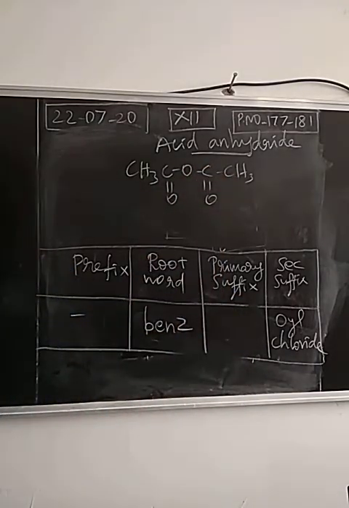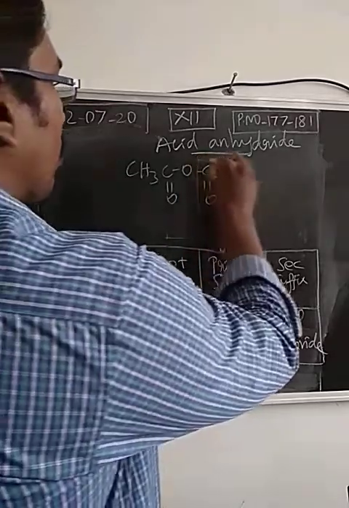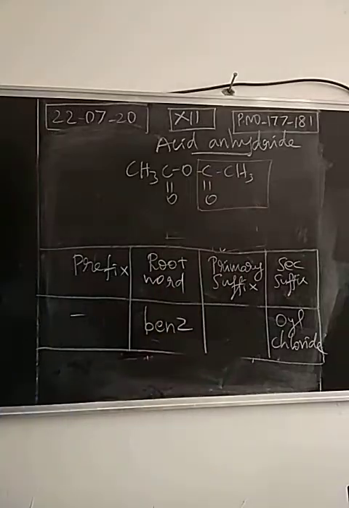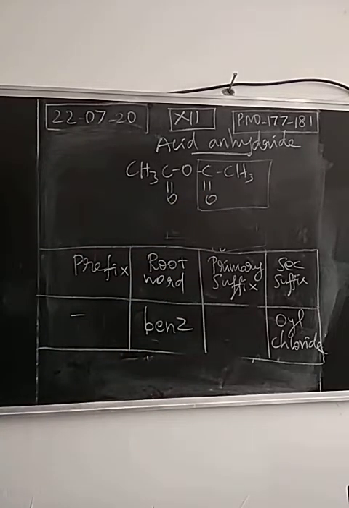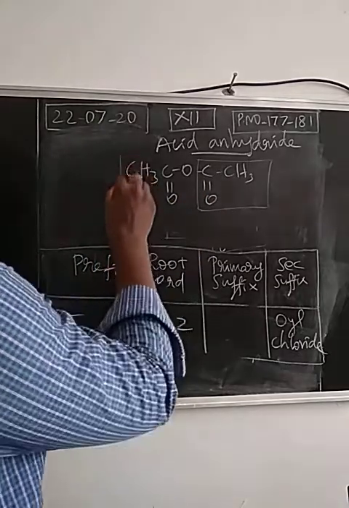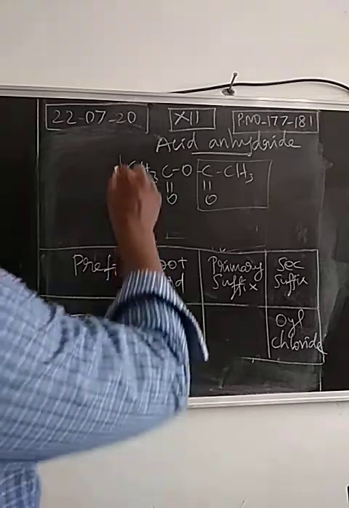So common name acetic anhydride. This arrangement is called anhydride, so secondary suffix is anhydride. Whatever the alkyl group may be, just take it as anhydride. So consider this alone.